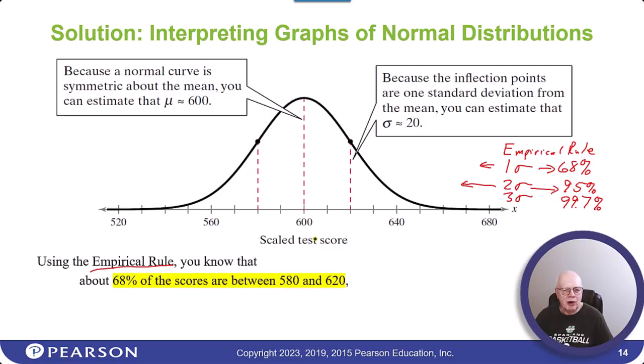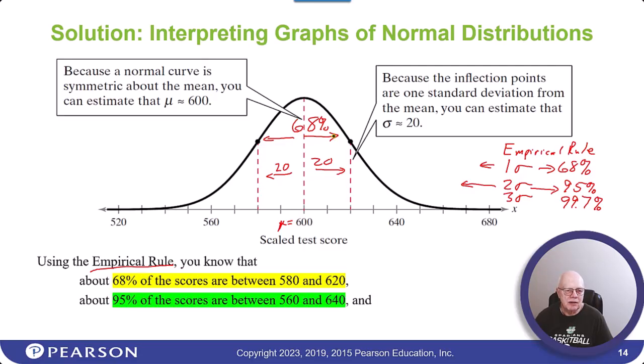So there's our summary. For this particular example where we had the mean at 600 and the standard deviation was 20, 68% was from there to there. 2 standard deviations, 95%.